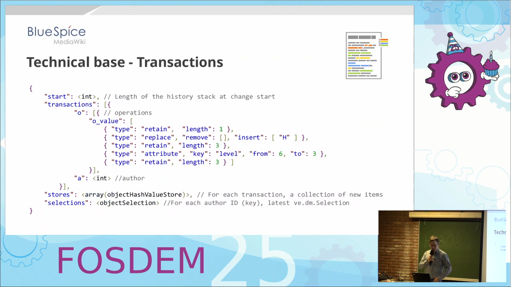And the next part of this process is now the transaction. So every time somebody changes something, somebody selects something, a transaction is created, and the change is first applied to the linear model, and then the linear model will be synchronized with the view in the HTML, basically what the editor shows to the end user.